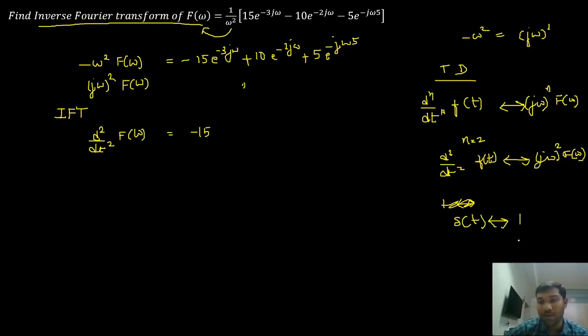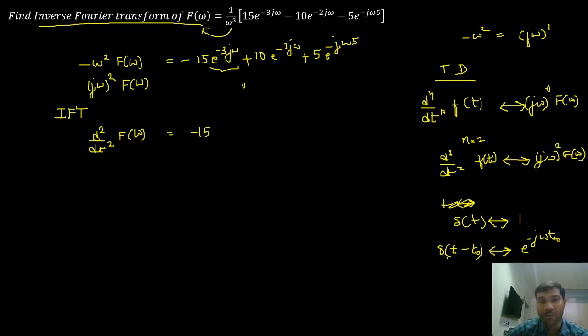Now if I introduce a phase shift on the right hand side, that is e power minus j omega t naught, what will happen to my time domain signal? It will be a shifted version, that is delta of t minus t naught, right? So here my Fourier transform signal is e power minus j omega 3. So in place of t naught I have 3.